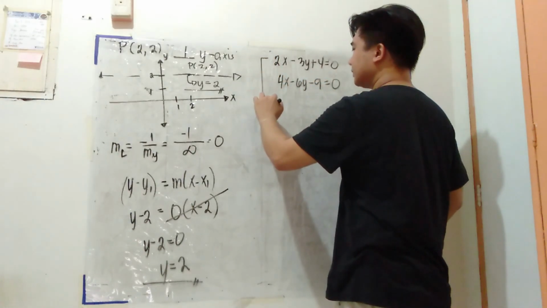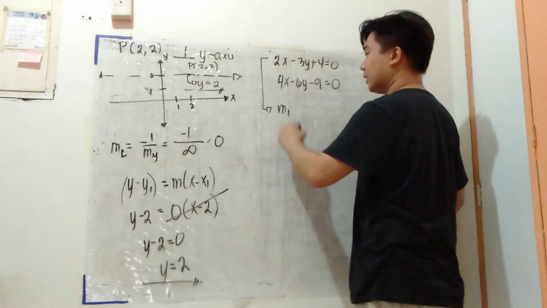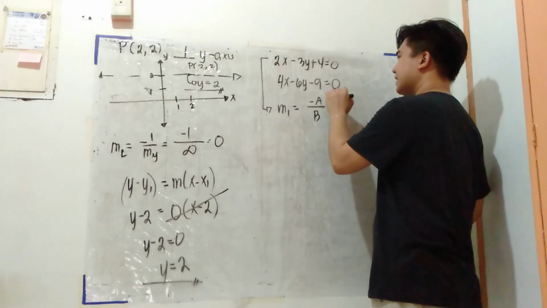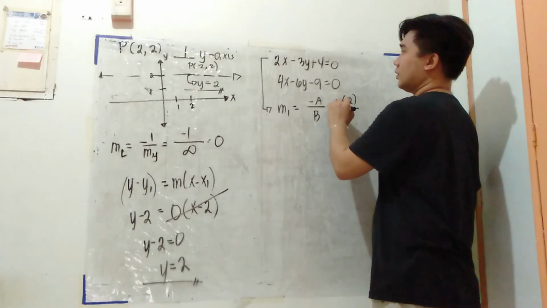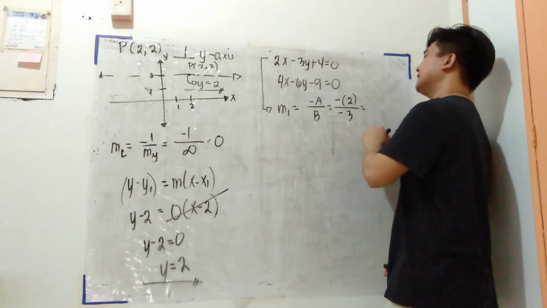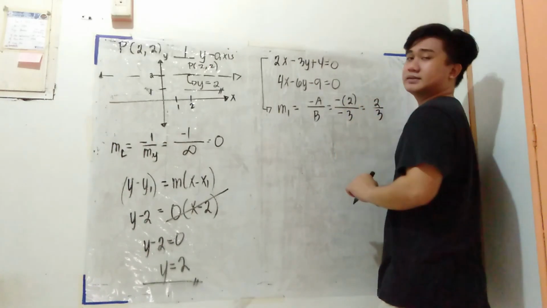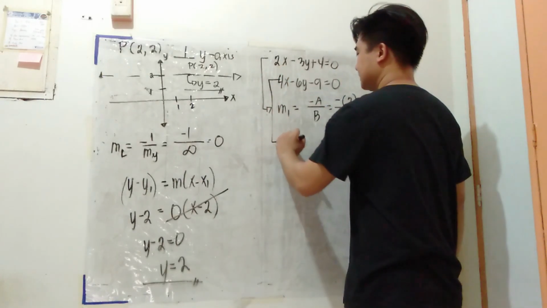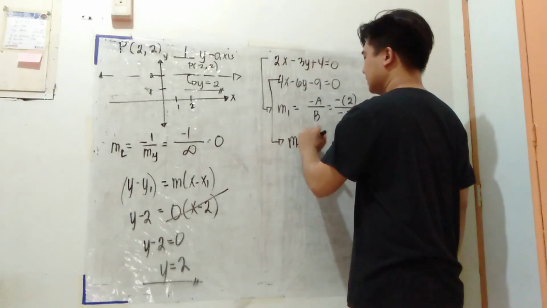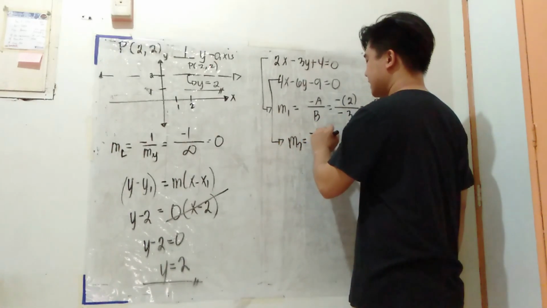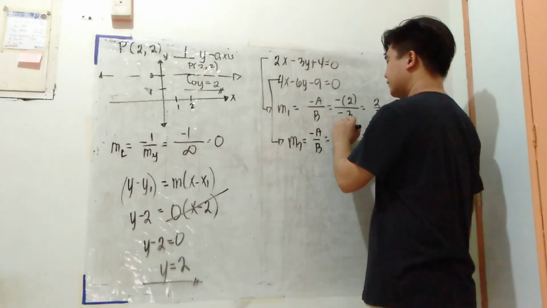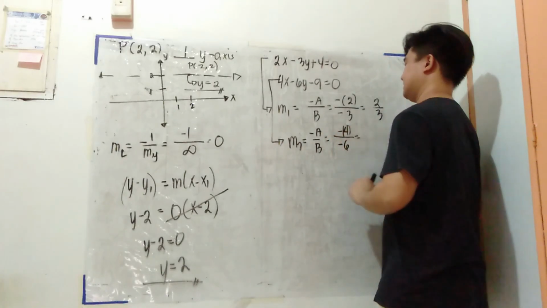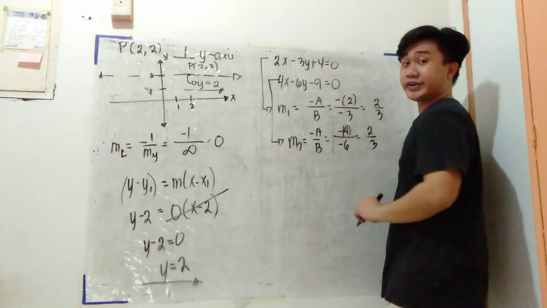Looking at this, let's say this is line 1. The slope is negative A over B. So that is negative 2 over negative 3. The slope is equal to 2/3. Next, let's check the slope of line 2. So m2 is equal to negative A over B, that is negative 4 divided by negative 6, which is also equal to 2/3.